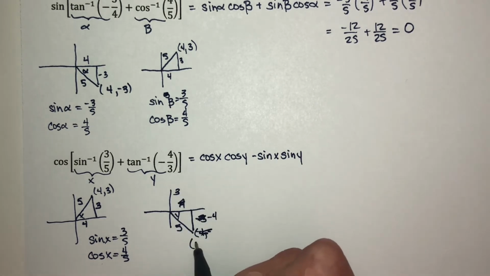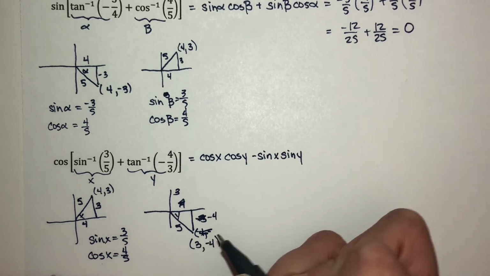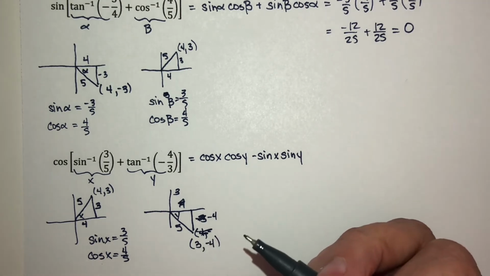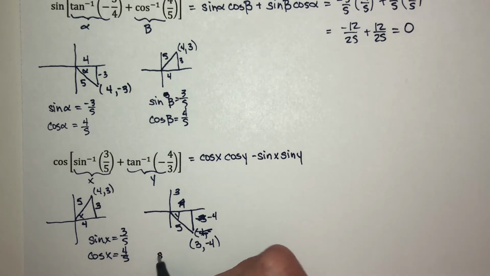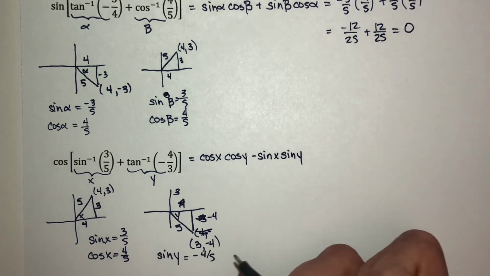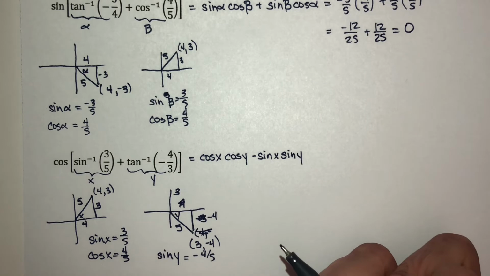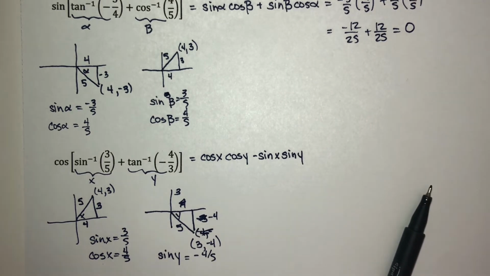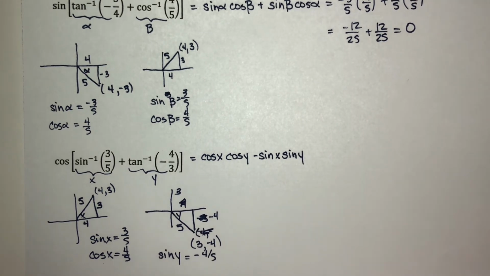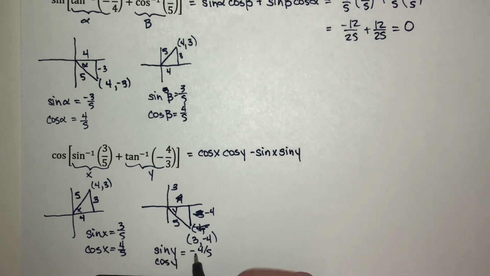Sorry about that. This should be the point 3, negative 4. So sine of y will be negative 4/5, and cosine of y will be 3/5.